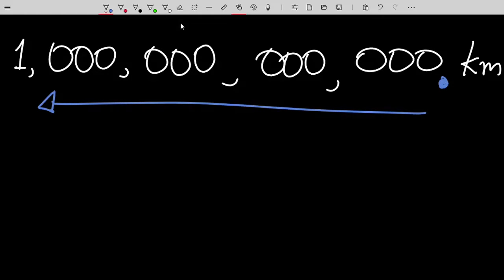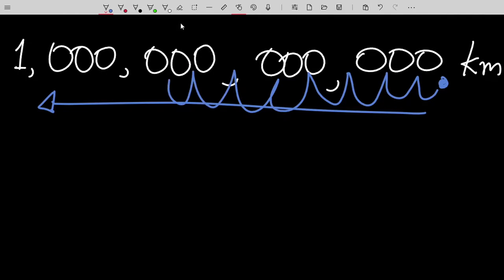Whenever you move this decimal to the left, you're also going to count how many digits it passes by. Now let's try to move the decimal, and together, let's count. 1, 2, 3, 4, 5, 6, 7, 8, 9, 10, 11, 12. Now, we should stop here.